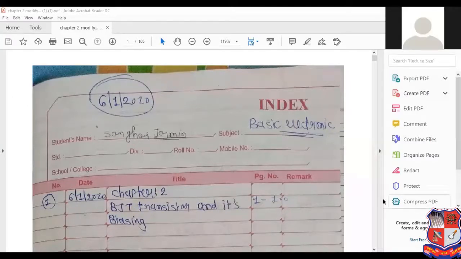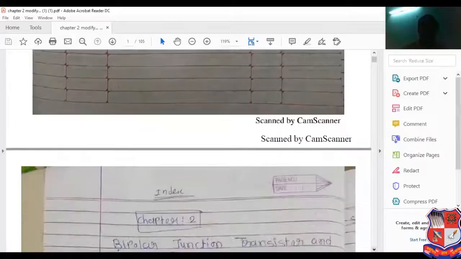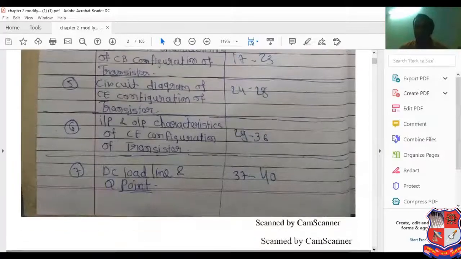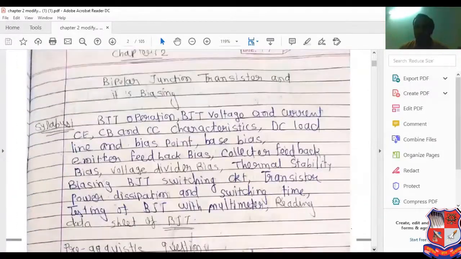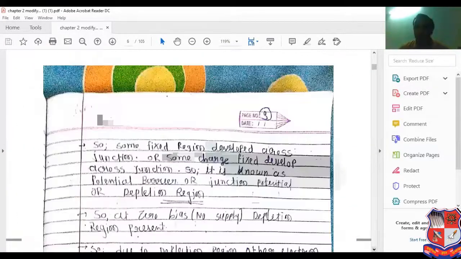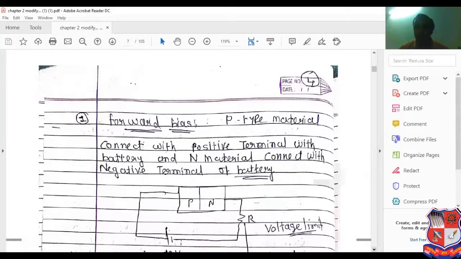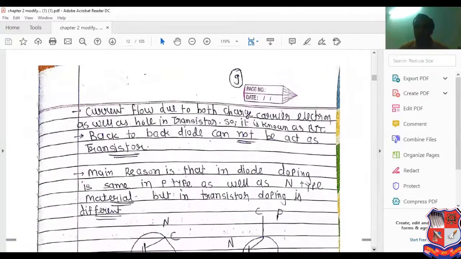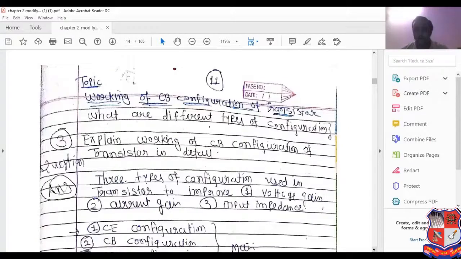Good afternoon to all. Today we have discussed the fundamental concept regarding the transistor. What is the meaning of transistor? Why is transistor used? What is the function of transistor? That we can understand from this particular lecture.